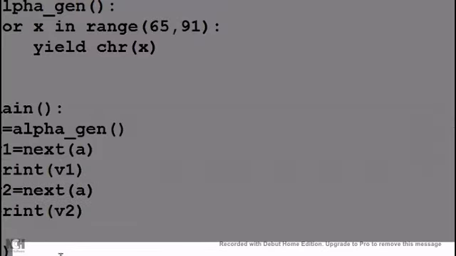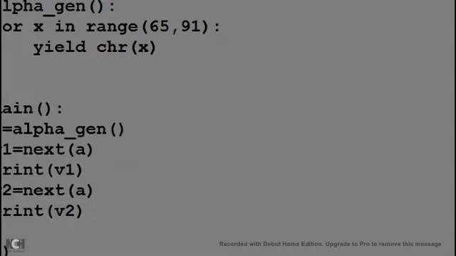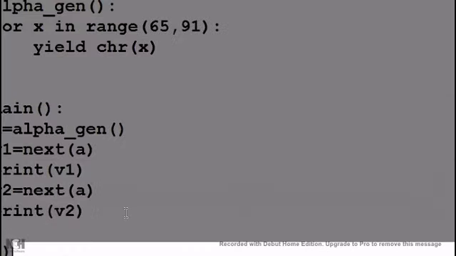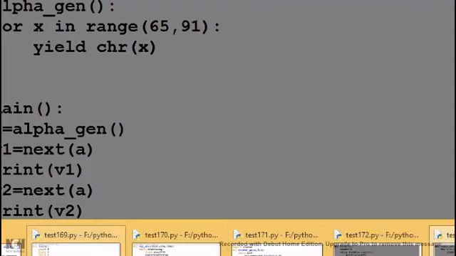This itself is an example only, no? We have already seen next in list. Iterator, how do you iterate it? By calling the next function.